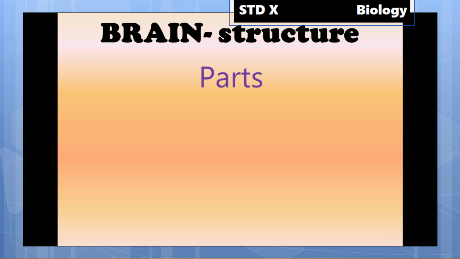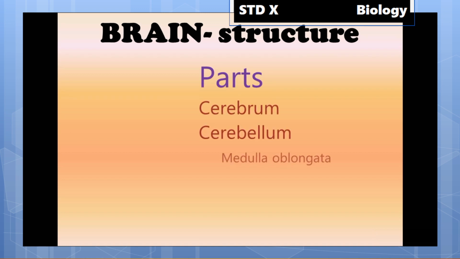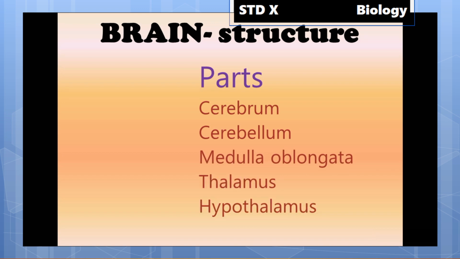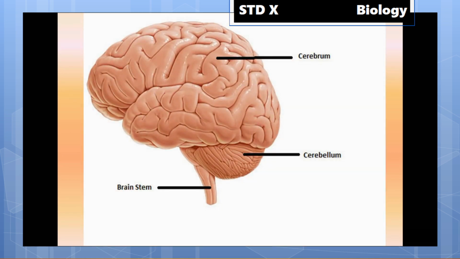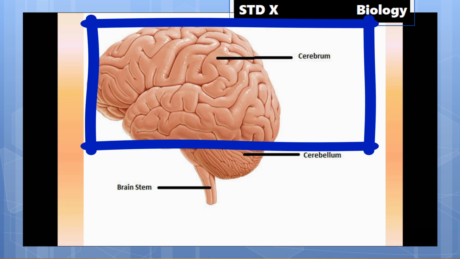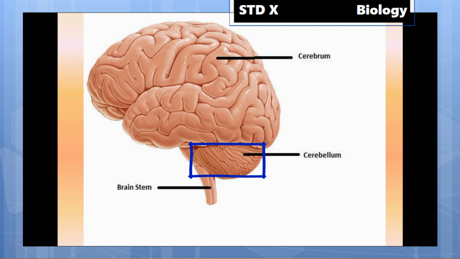The brain is composed of cerebrum, cerebellum, medulla oblongata, thalamus and hypothalamus. Here you can see the figure which gives the closer look of our brain. Here highly folded structure called cerebrum, then a smaller region cerebellum and a small stem-like region called brainstem or medulla oblongata.